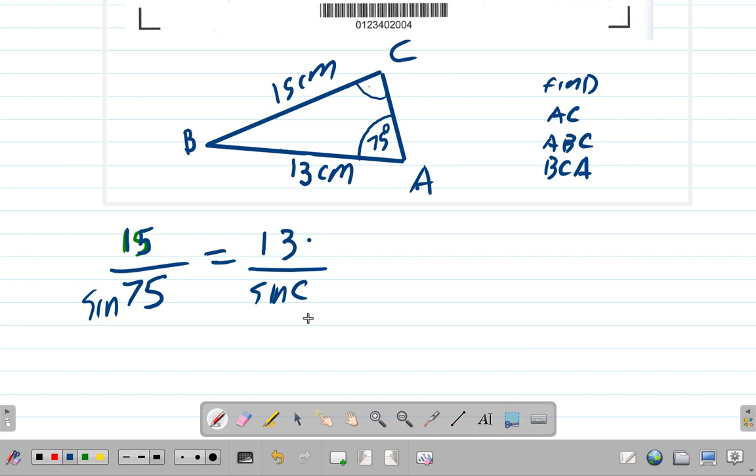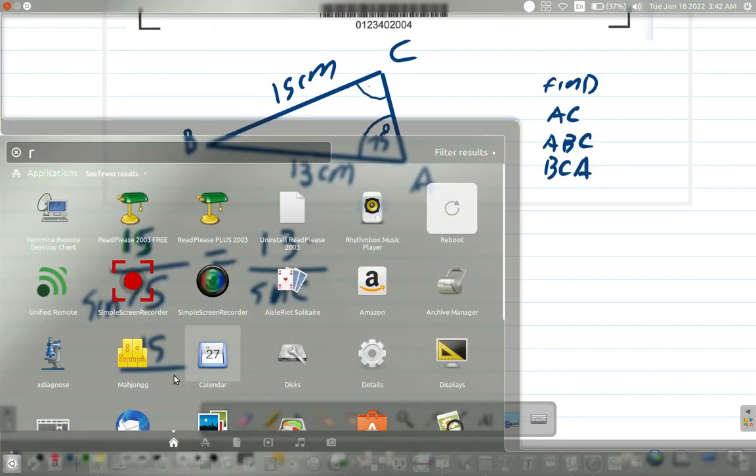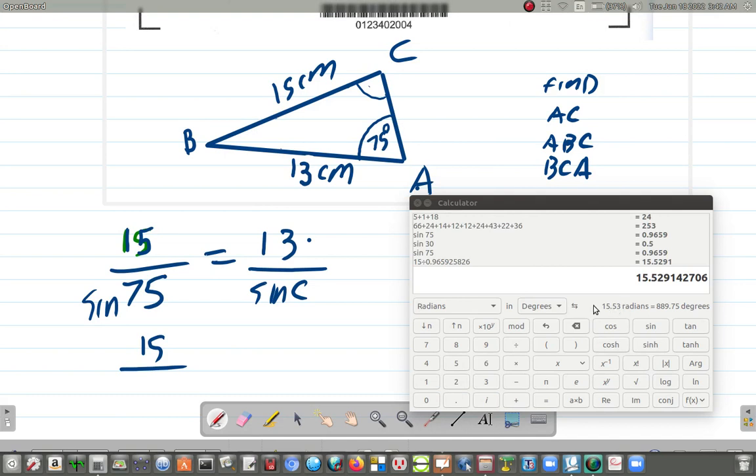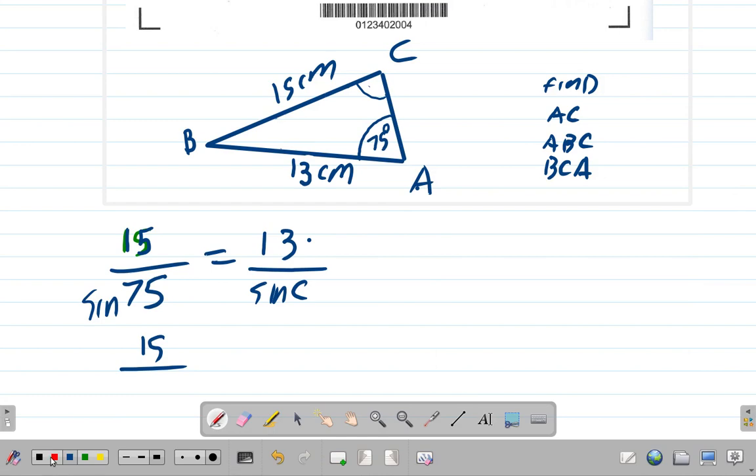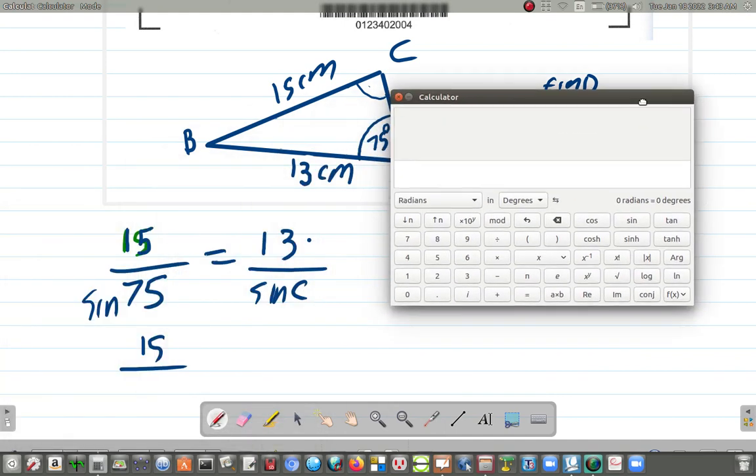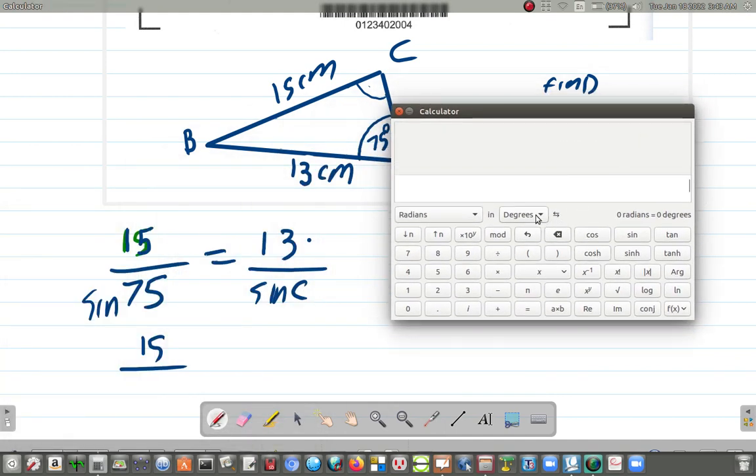What we could do is finish working this out and see what we get. What's the sine of 75? We need to use our calculator. Make sure that my calculator is in degree mode. Sine of 75 equals 0.966.